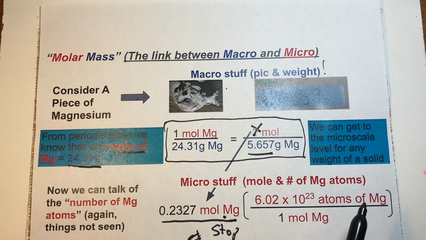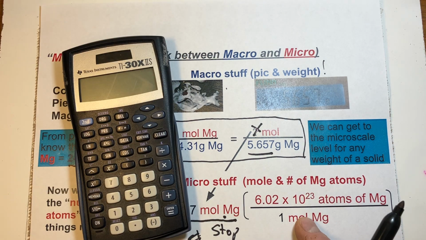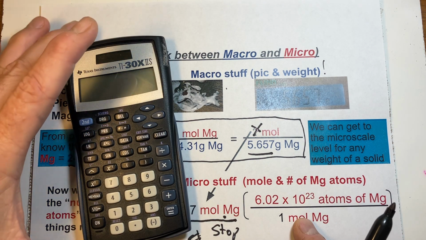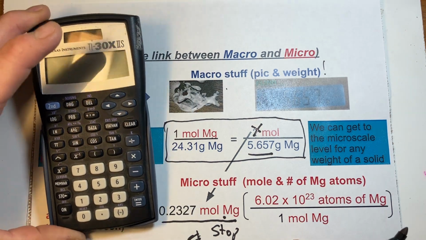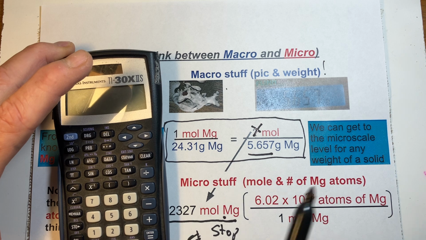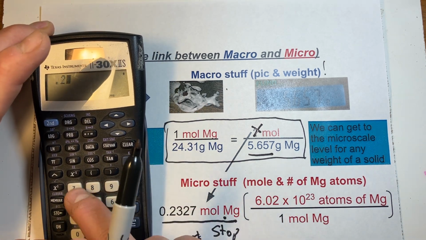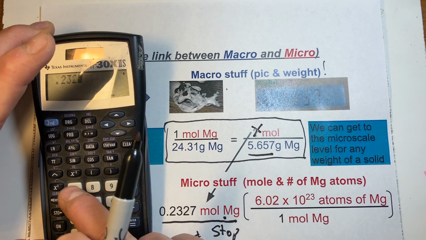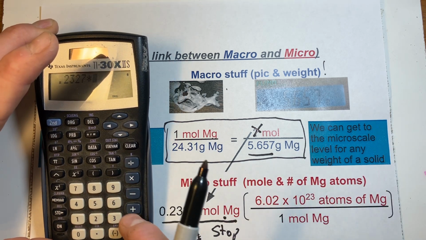Now, one thing I want to just recommend real quickly that you can do just to get a quick number, when you're using scientific notation, you can leave the 10 to the 23rd out of the calculation and then put it back on at the end. So let's go ahead and show that real quick. I can take the 0.2327, and I'm going to multiply it by the 6.02.